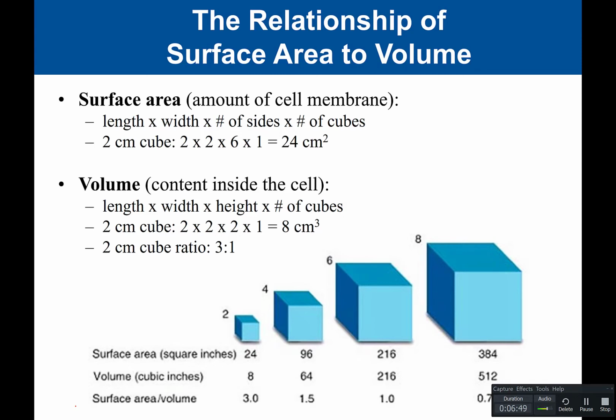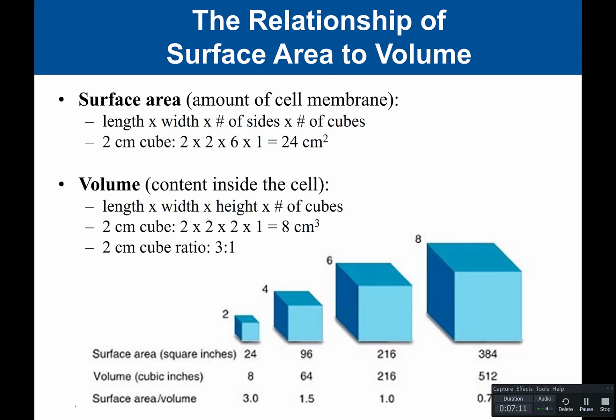You are going to have a surface area to volume ratio of 3 to 1. If I have a cube that is 4 inches on each side, the surface area would be equal to 96. The volume would be 64. The surface area to volume ratio is 1.5.